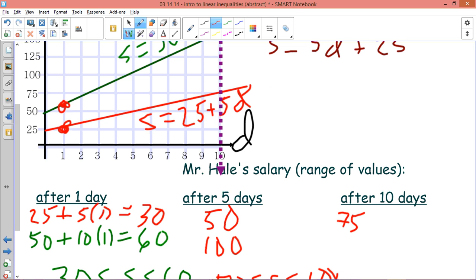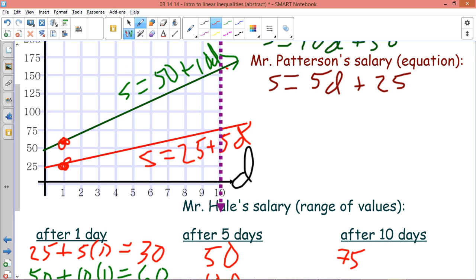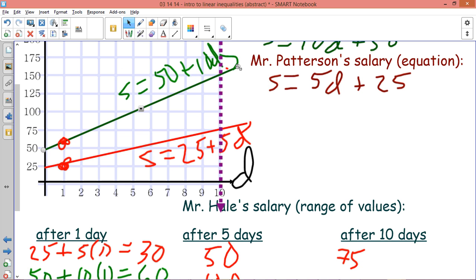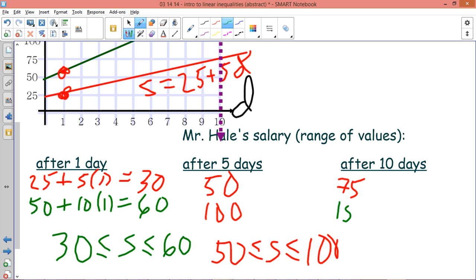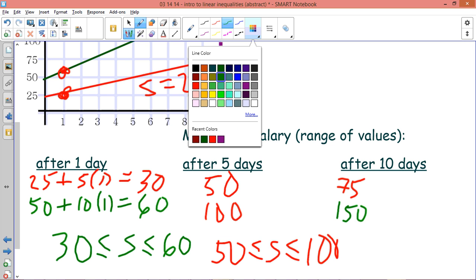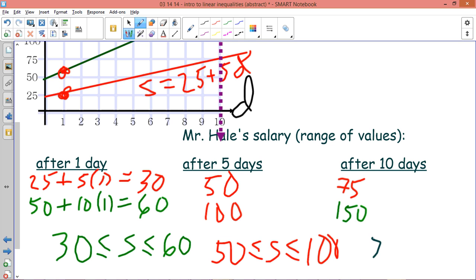And according to the graph, which is probably off just a tiny bit, Mr. Duncan has made $150. You can do the math if you'd like, but that's the way it is. I've made $150. And so Mr. Hale is going to make something in between those two. So Mr. Hale is going to make 75 less than or equal to S less than or equal to 150.